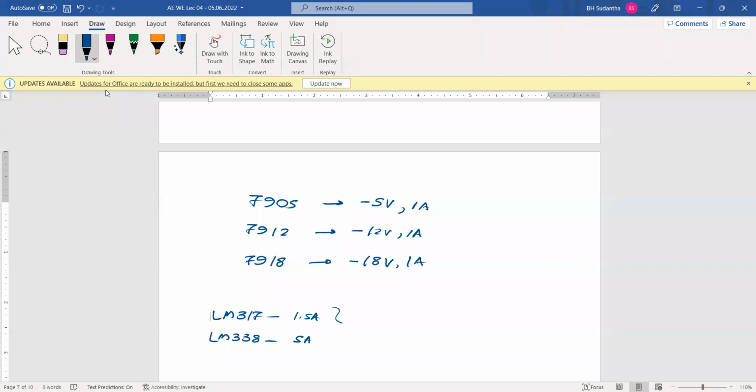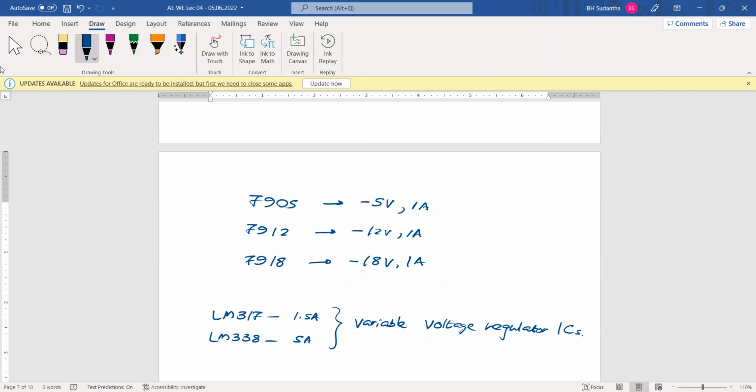They are variable voltage regulator ICs. You can check the web and download the data sheet. And likewise, you can make a very simple circuit, again. You can make those things.